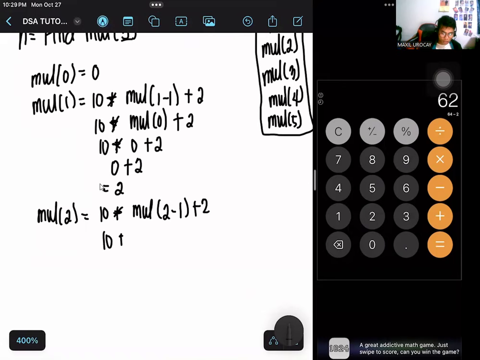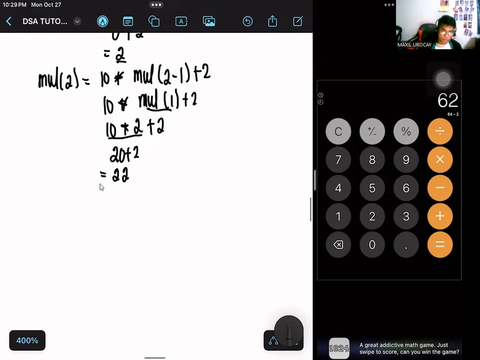Now 10 times the value of mul 1, that is 2, so 10 times 2 plus 2. According to PEMDAS, let's multiply first: 10 times 2 is 20, plus 2 becomes 22. So the value of mul 2 becomes 22.